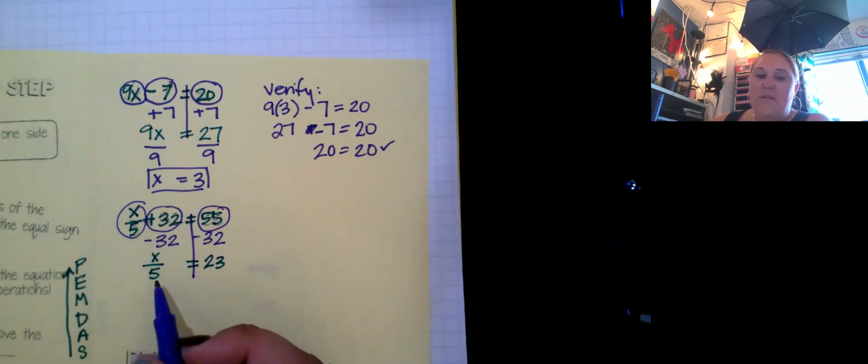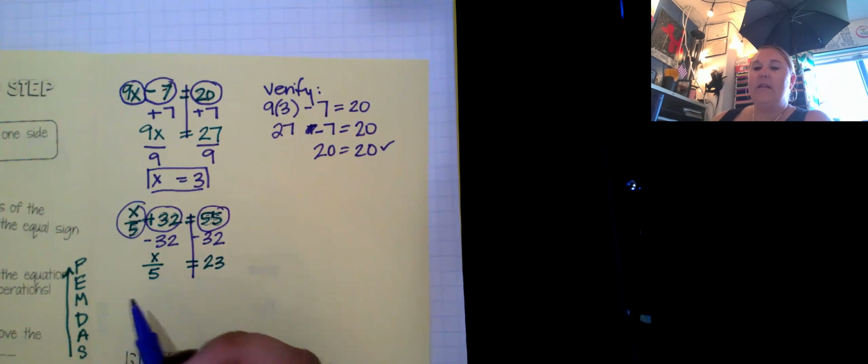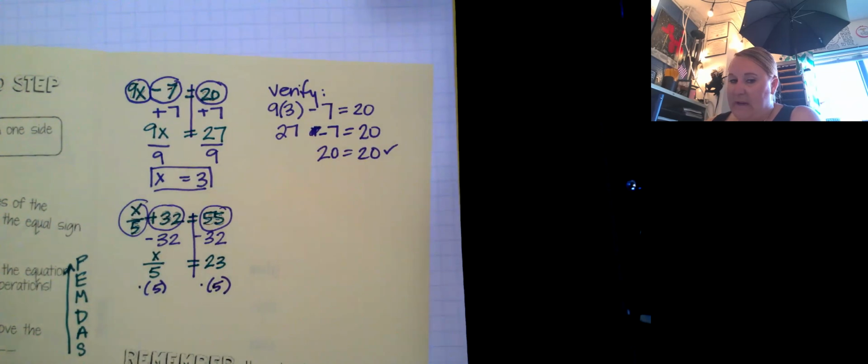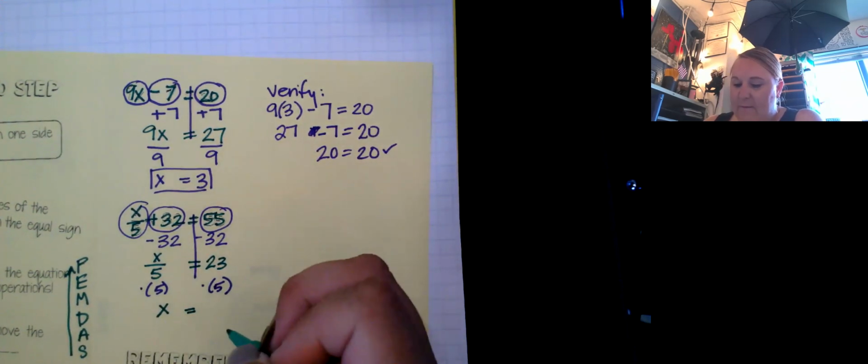Now, guys, remember, what is this saying about x? It's saying it's being divided by 5. The inverse of dividing by 5 is to multiply by 5. That leaves me now with just x over here. 23 times 5 is, ooh, that's a tough one, 115.